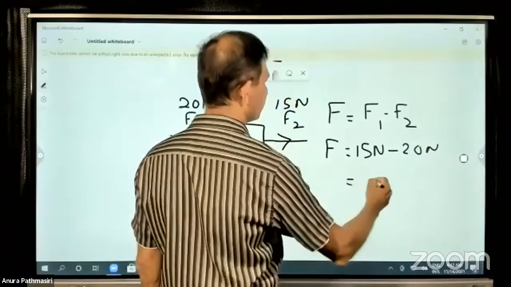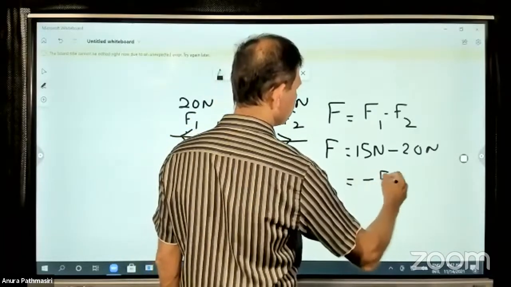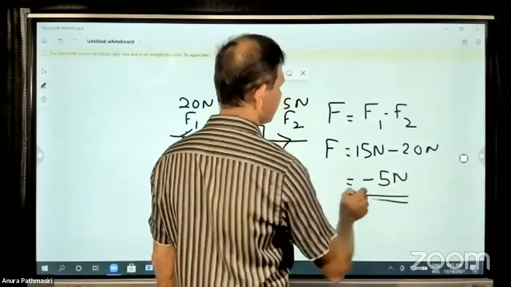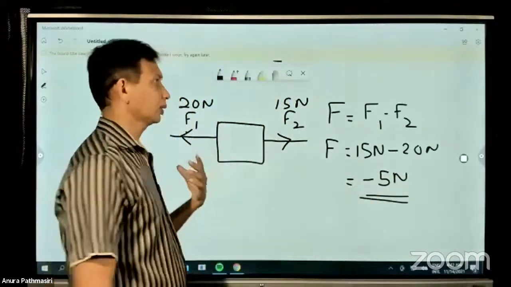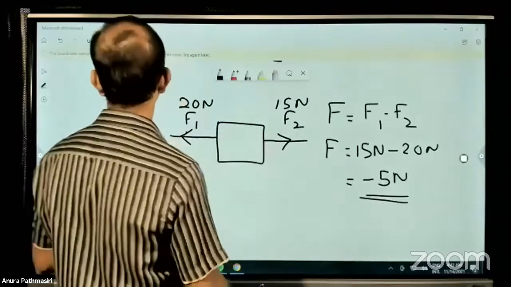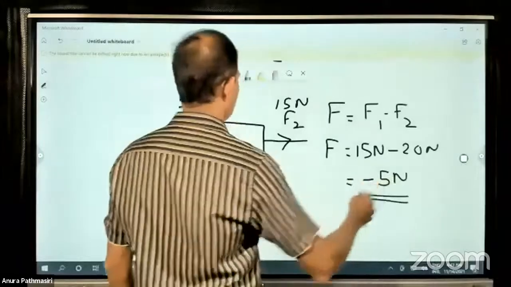So the resultant will be negative 5 Newton, which means the force is applying in the opposite direction.